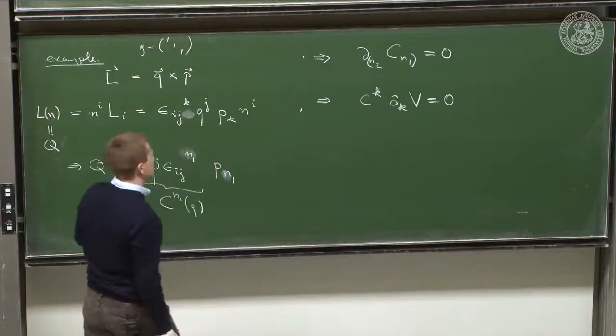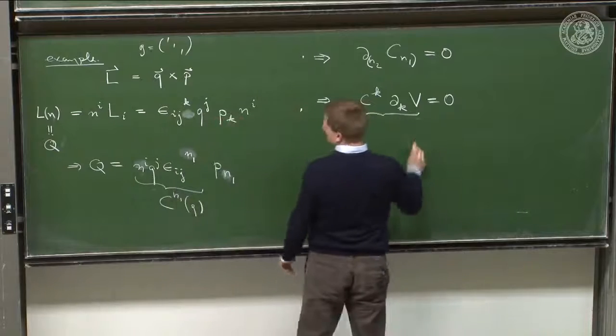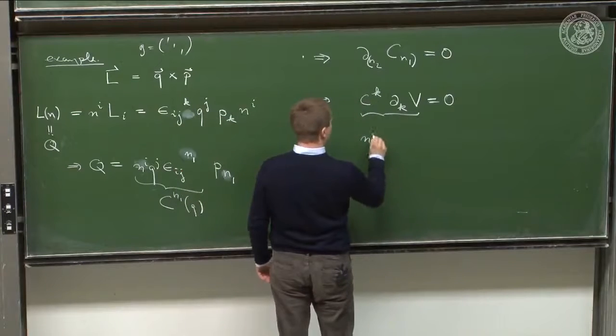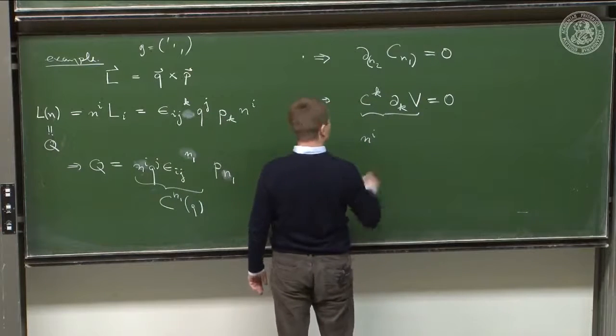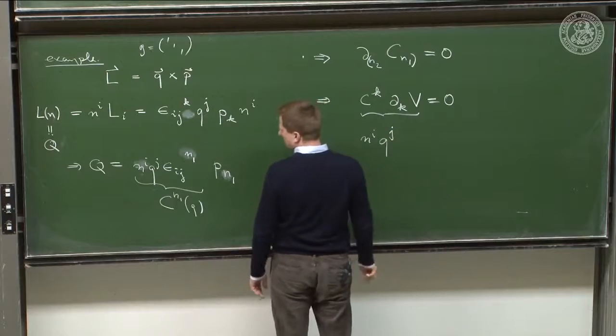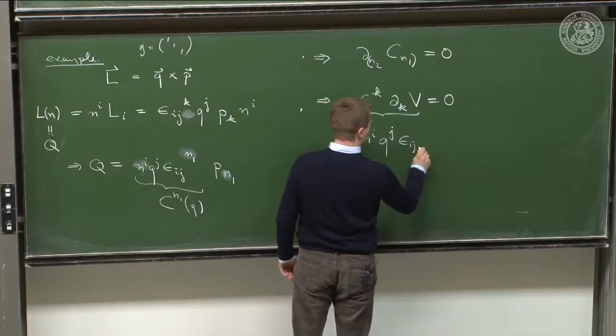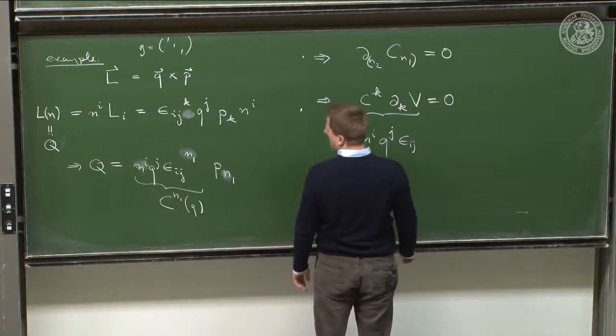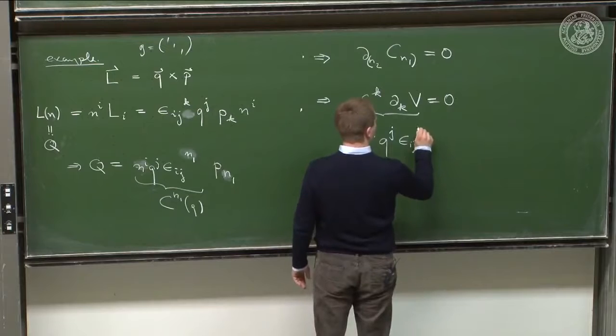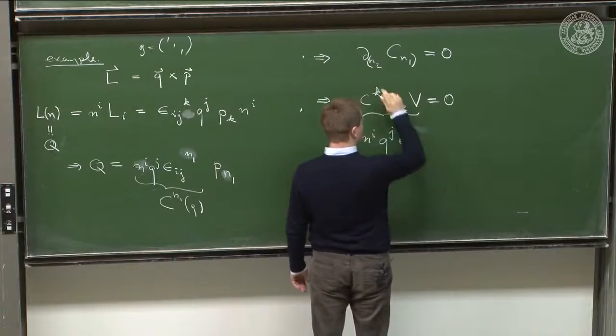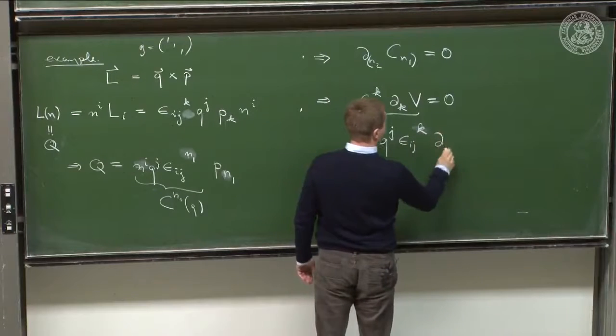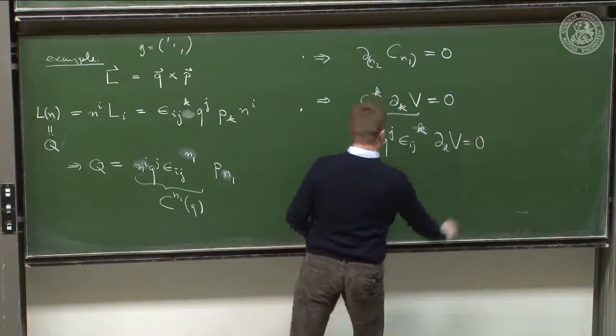And we know our ck, because our ck is ni for an arbitrary direction n, qj, epsilon ij up n1, well, that's the k now again, del k V equal to 0.